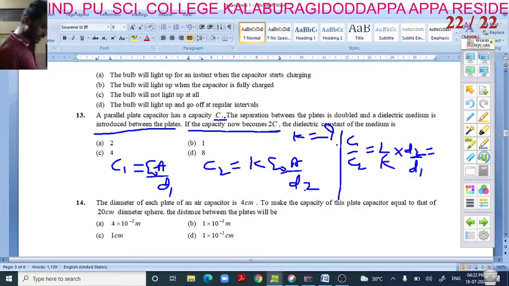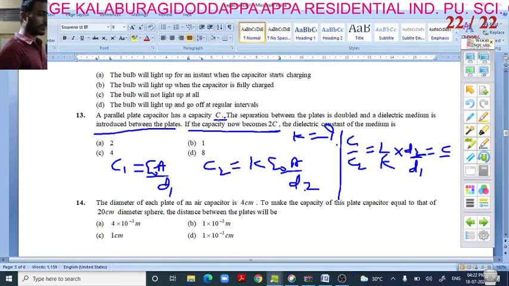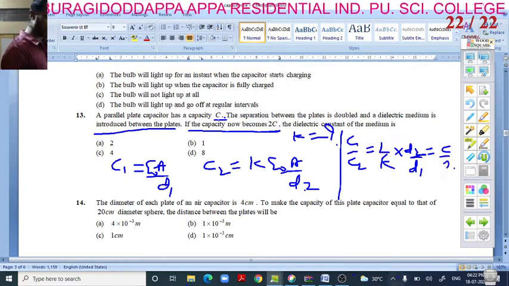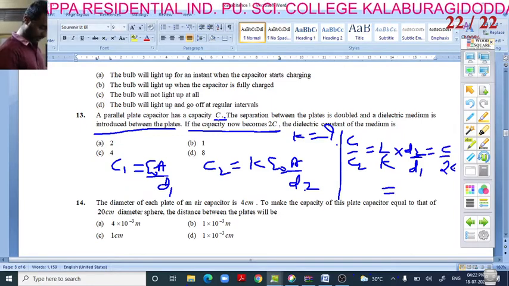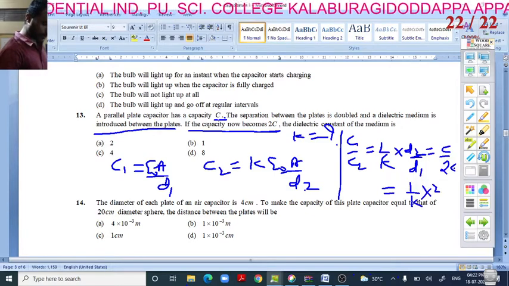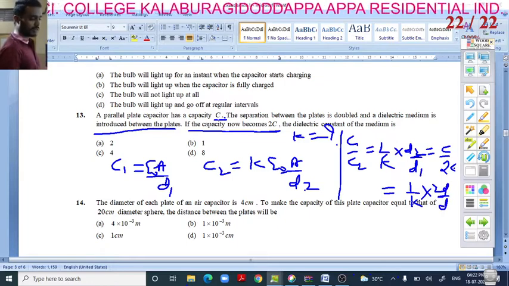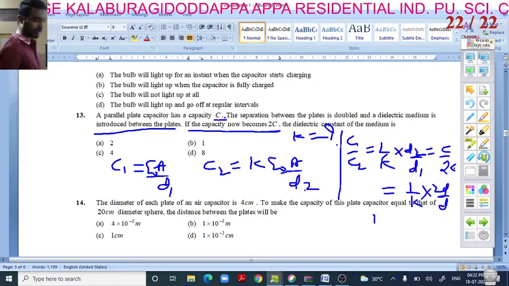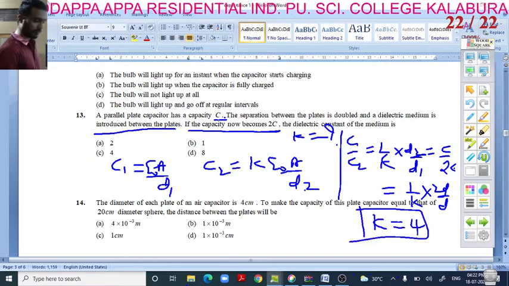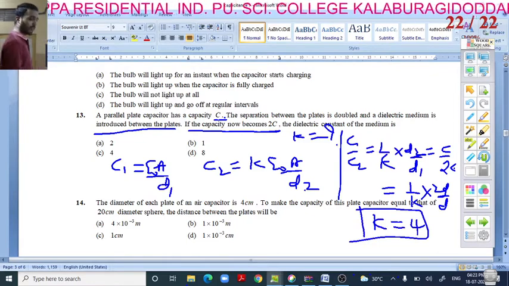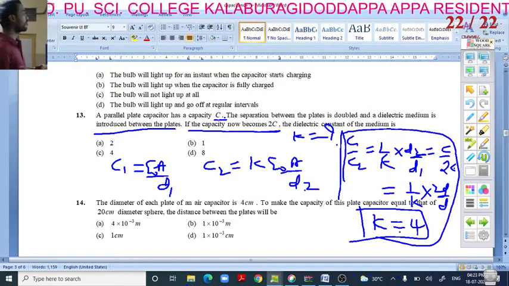Already we know that C1 is equal to C, as he has given, and when we double it, C2 is equal to 2 times C. So I can also write this as 1 by K into 2D divided by D. By simplifying, the value of K is equal to 4 we will get here.